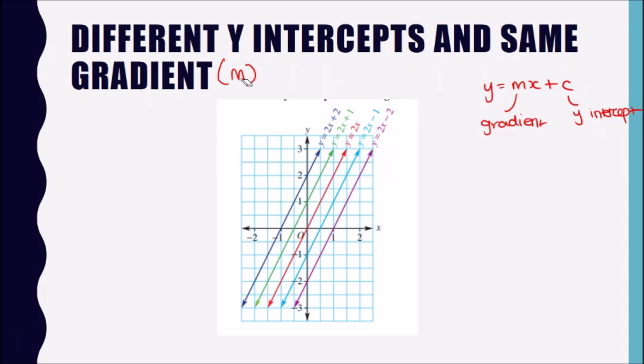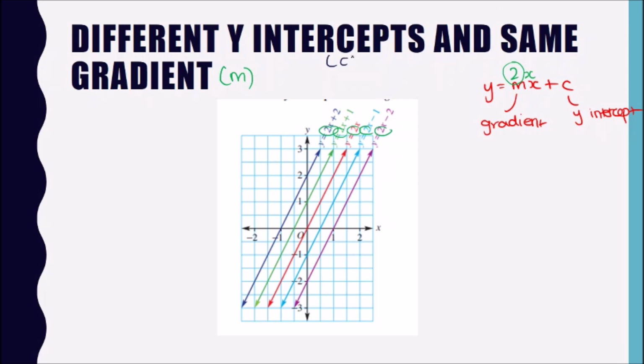The gradient is green. All the numbers in front of x are the same. Do you see how they're all 2? Imagine if I wrote 2x here. They're all the same, 2 and m. Now it obviously changes depending on the question you get, but that's just something to be wary of.